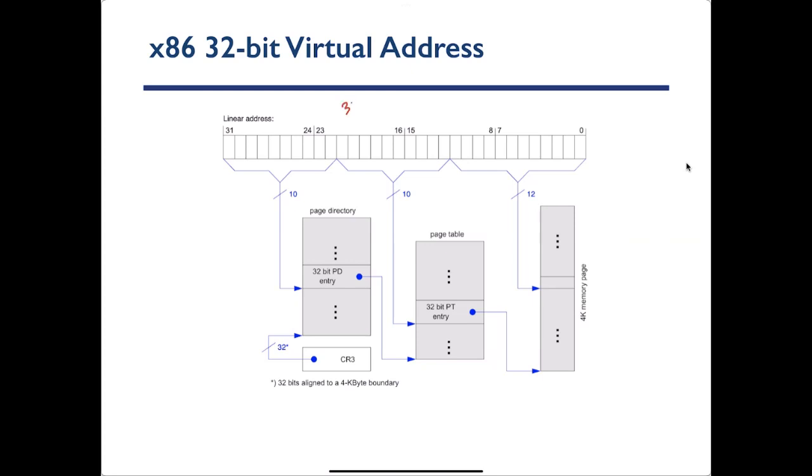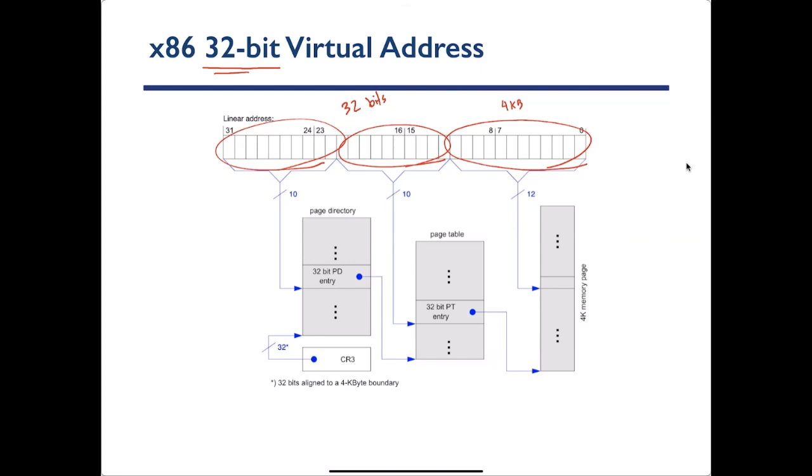This is 32 bits. It assumes here that each page is 4 kilobytes, so 12 bits are used for the offset. 10 bits are used for page table level 2, and 10 bits are used for page table level 1. You might now ask, where is the segment number? Segment numbers each have their own register. So in x86, it's kind of like appending this 32 bits plus the register.